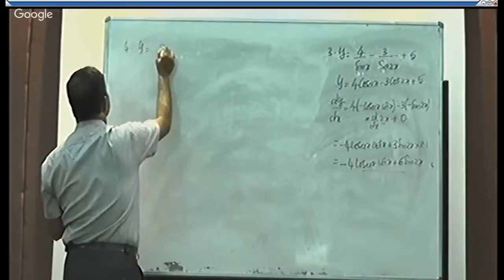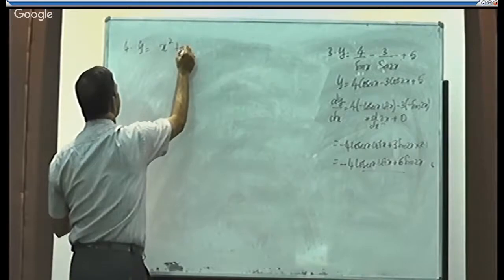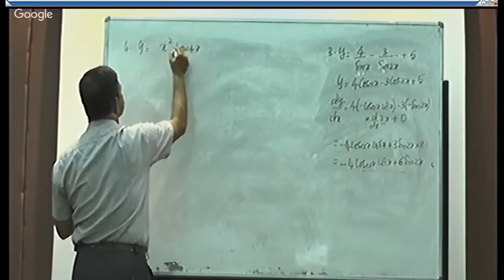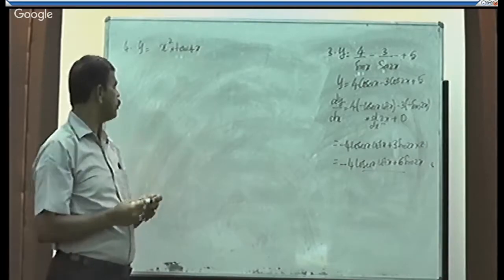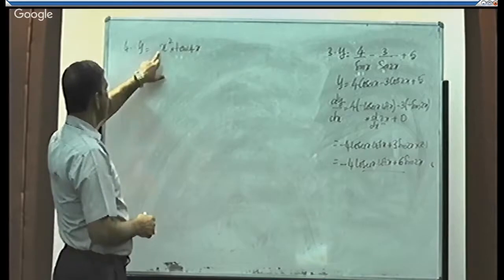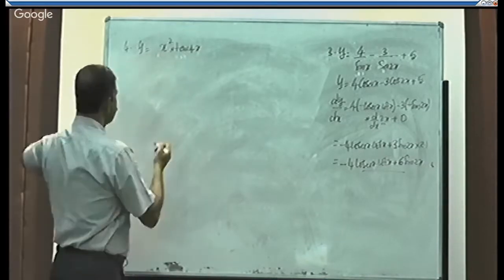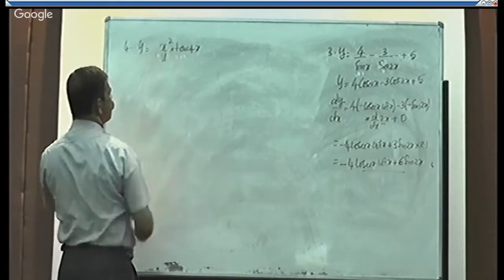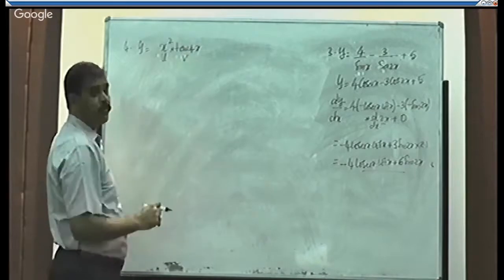Y is equal to x square into tan of 4x. What is the problem? It is a product of two terms, right? Just use the product rule, taking u as x square and v as tan of 4x.